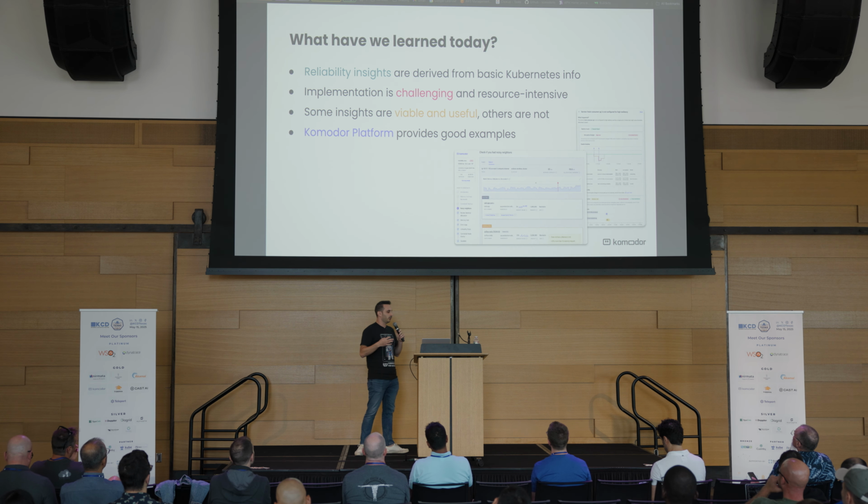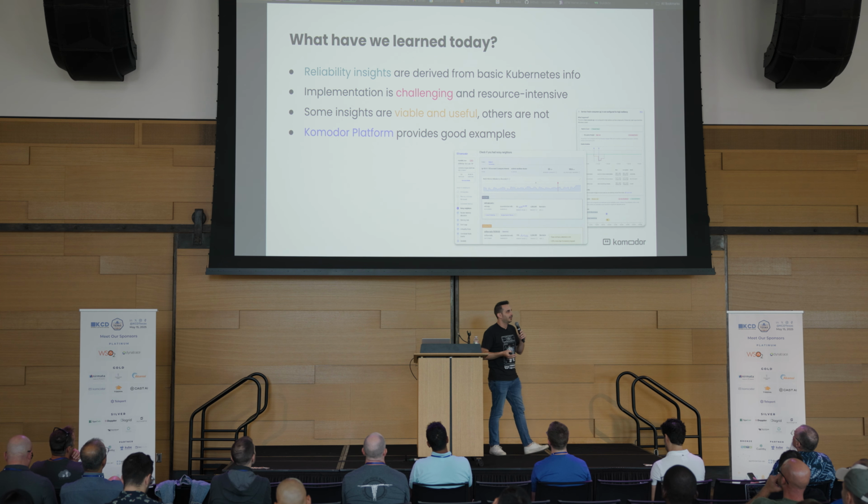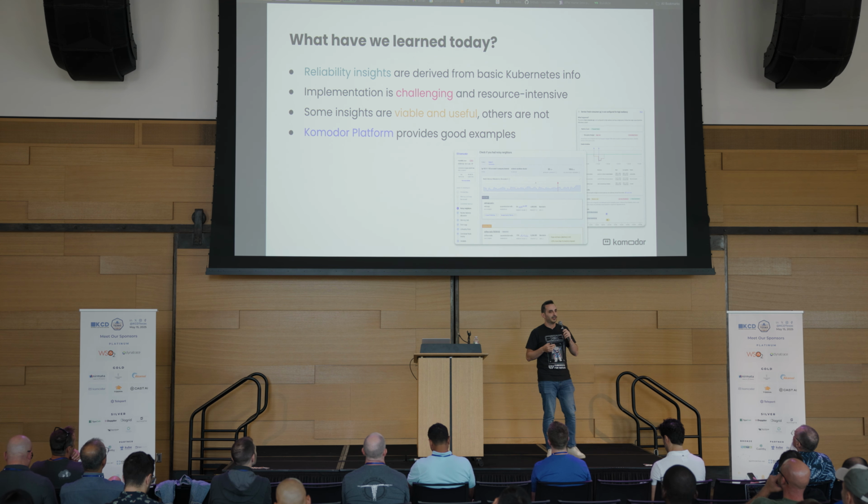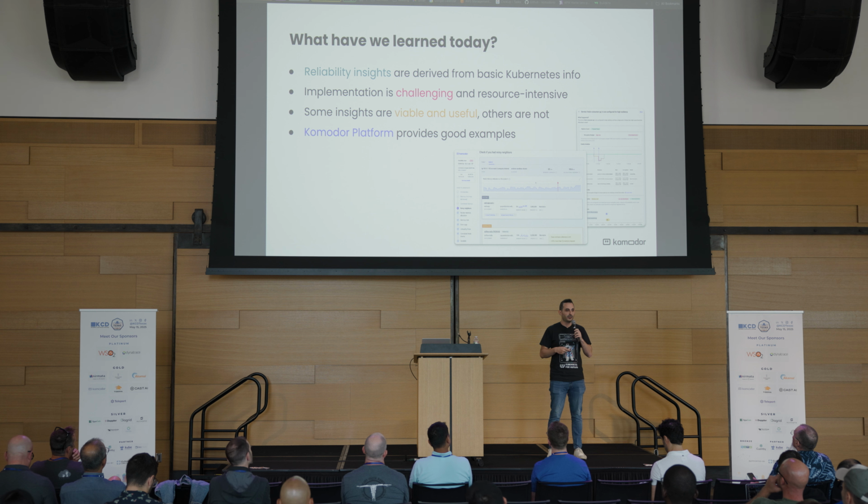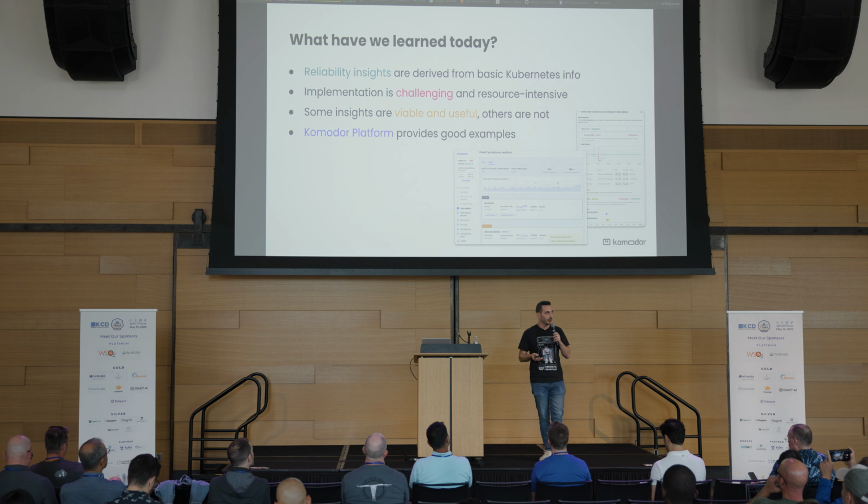So what I want everybody to take away today is that while Kubernetes provides you out of the box with a lot of valuable information, you need to know what to do with this information, what it relates to, and how you can leverage that to make your application, your workloads, and your infra a lot more reliable.